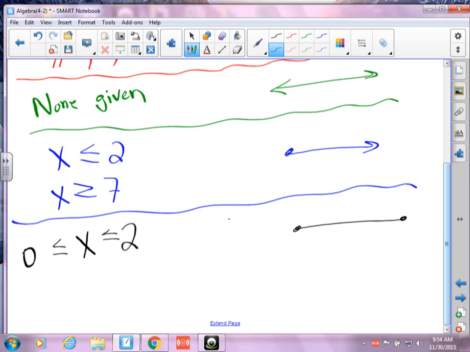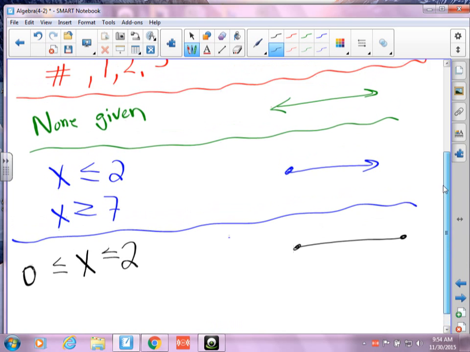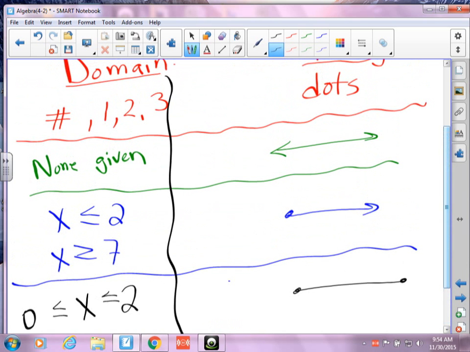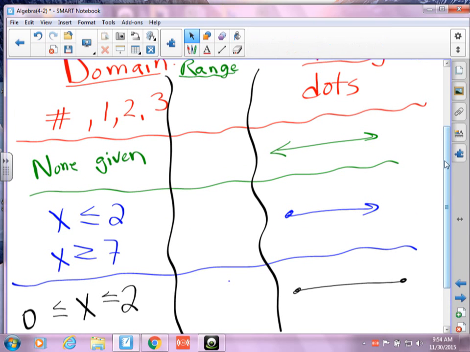And your range, I should put range in here. Well, your range would be numbers. Here, there'll be numbers.